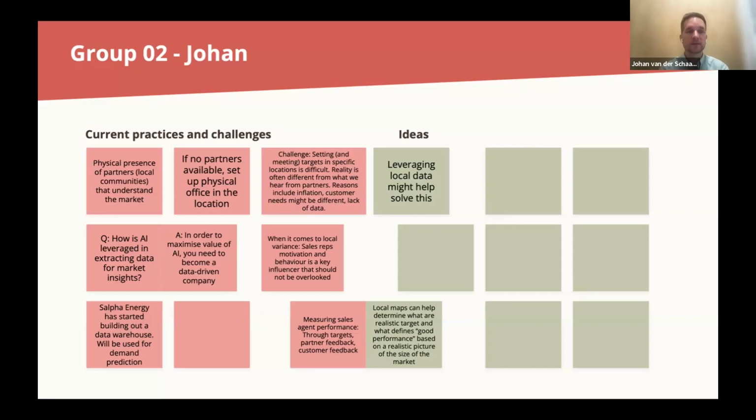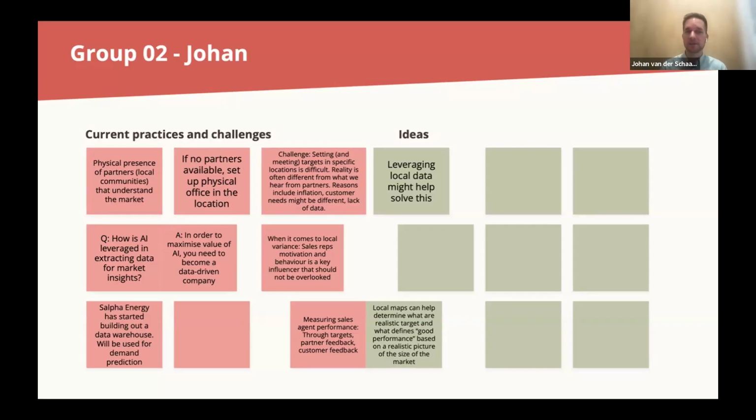We also talked more broadly about how AI is being leveraged in all of this, and what the value add of AI is. Basically, what we now understand is that the more data-driven your organization is, the more value you can get out of AI.